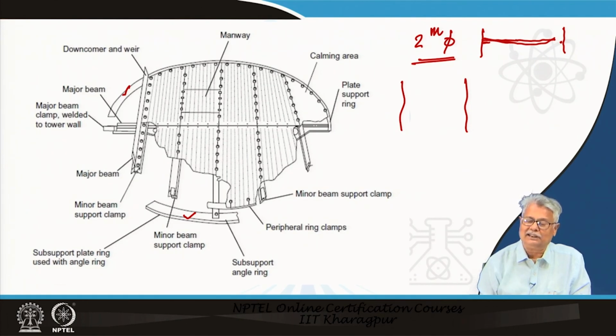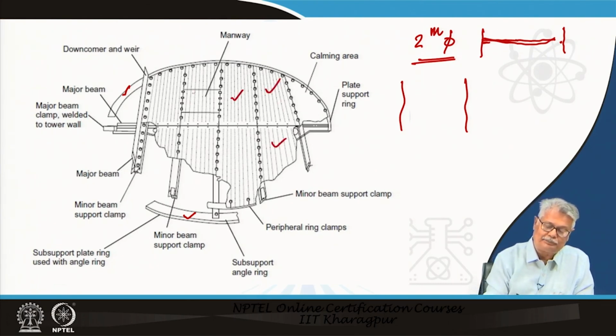How will you replace the trays in that case? So, what is done? The trays, particularly in such types of towers, are always in segments. This is a segment, this is a segment, and so on. All these are segments, and these pieces are assembled inside the tower.